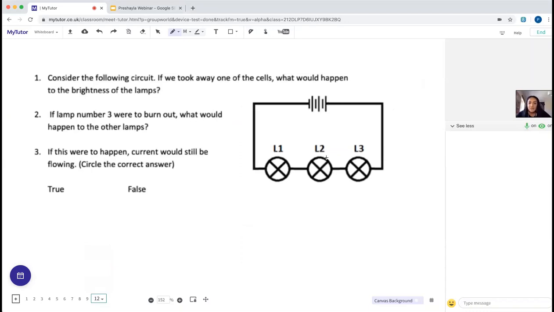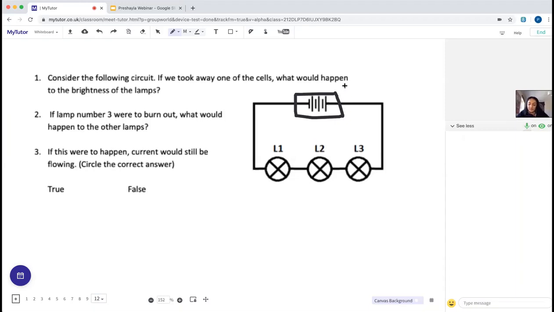Same kind of question here, another qualitative one, so a wordy answer. If we consider the following circuit and take away one of the cells, these are the cells, what would happen to the brightness of the lamps, and why?